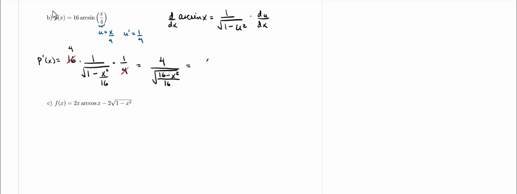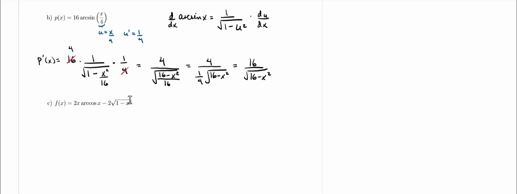So we're going to have here 4 over 1 over 4 times the square root of 16 minus x squared, which will now give us, 4 divided by 1/4 is equal to 16 over the square root of 16 minus x squared. And there we go. This gives us now the derivative for 16 times the arcsine of x over 4.